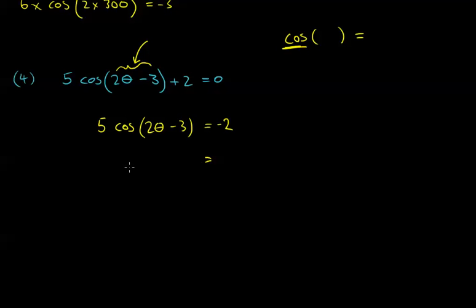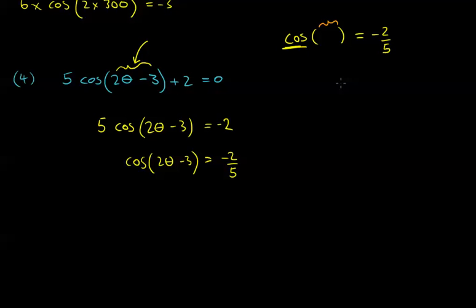Then we're going to divide both sides by 5, so we get minus 2 fifths is cos bracket 2 theta take away 3. Now we're at the stage where we have cos of some bracket equals minus 2 fifths.